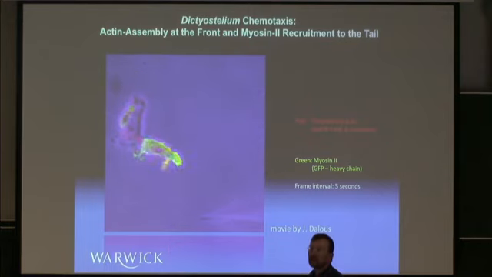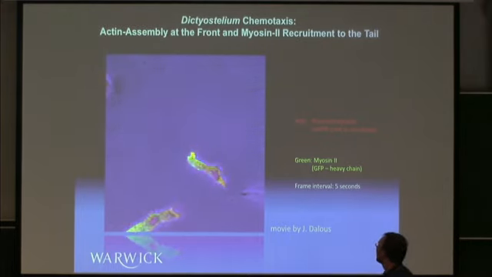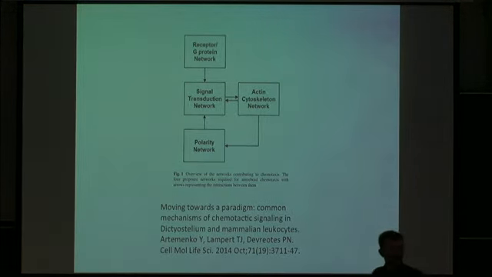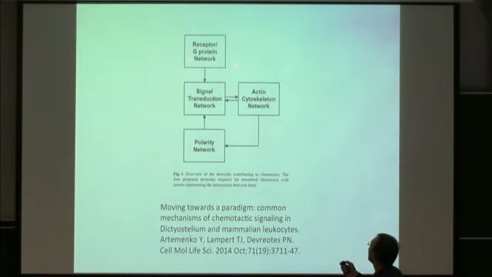From an engineering point of view, you would really like to have a simple picture like that, where we have a modular system in which cyclic AMP binds to receptors, and this is coupled through a G protein network to a box which takes care of the signal transduction, and then we have as an output actin polymerization.